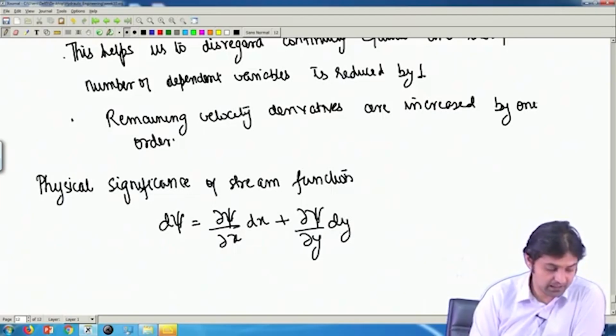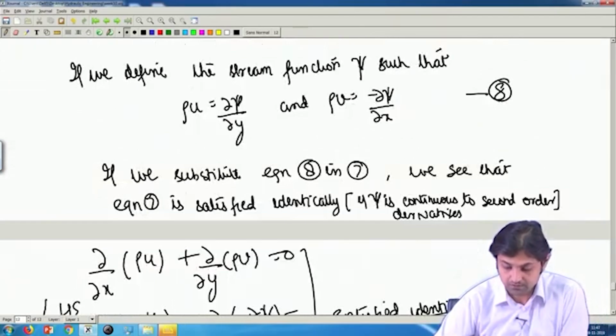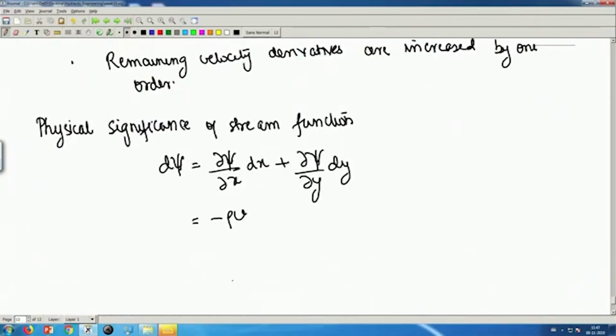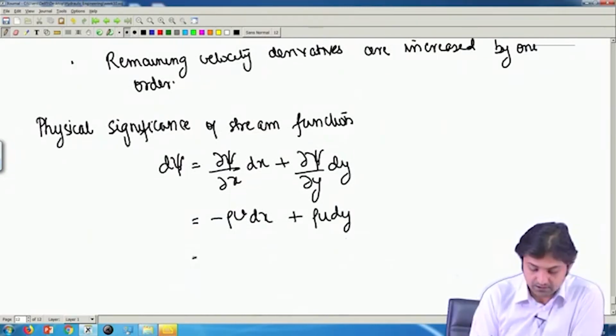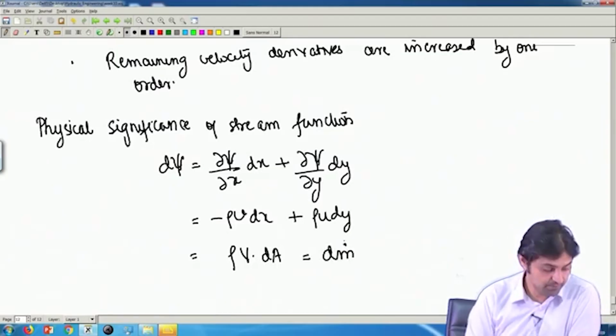This is how d psi can be written, and del psi by del x we have defined as minus rho v. Using equation number 8, it becomes minus rho v dx plus del psi by del y, which was rho u, dy. So this is nothing but rho times the velocity vector into the area vector, and this whole is the mass flow rate.